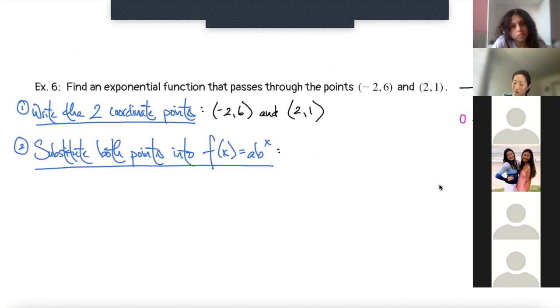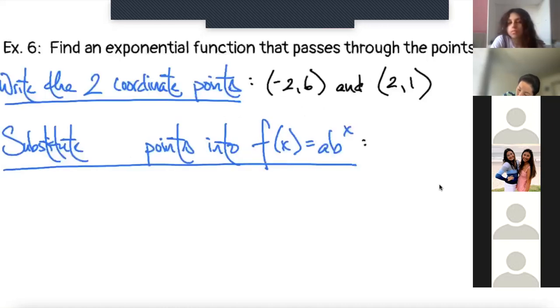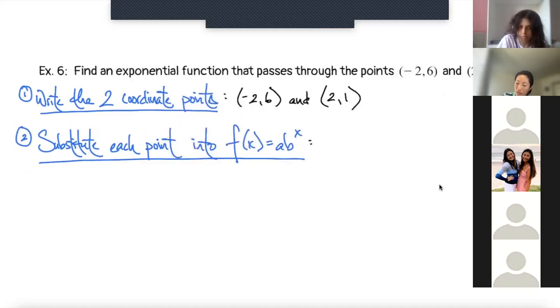Maybe I phrased this not very well. I'm going to replace the word both with the word each. We're going to substitute each point into f of x equals ab to the x. I think I asked that not well. In other words, f of x is like a y value, right? So if I have the point -2, 6, everywhere I see f of x, I can put a 6.